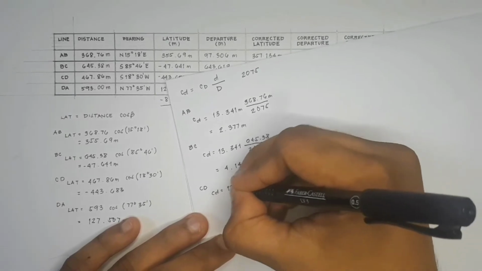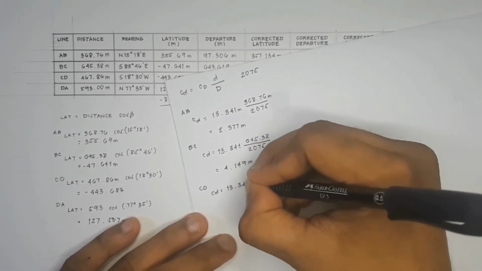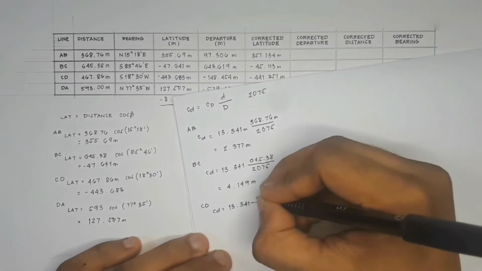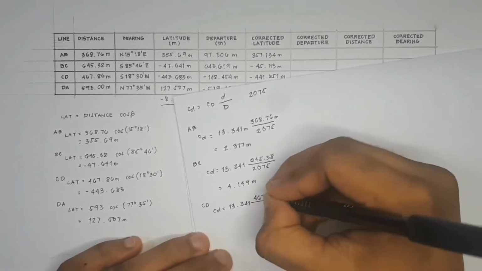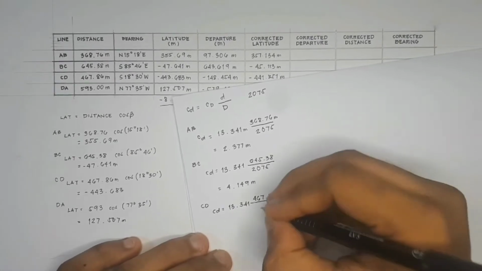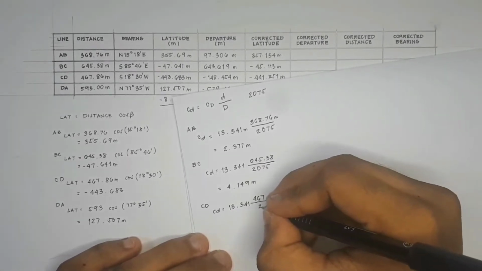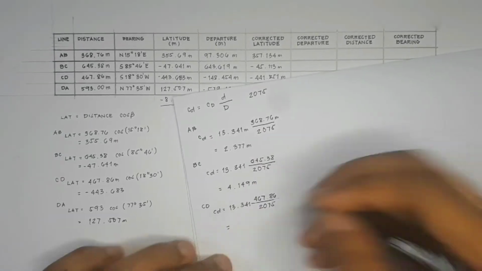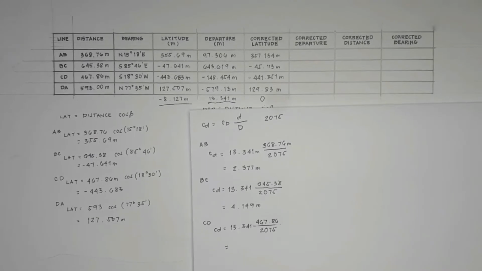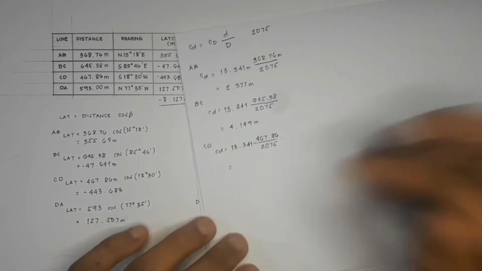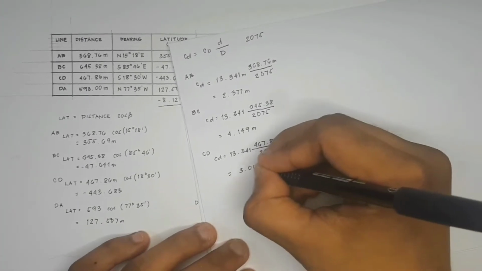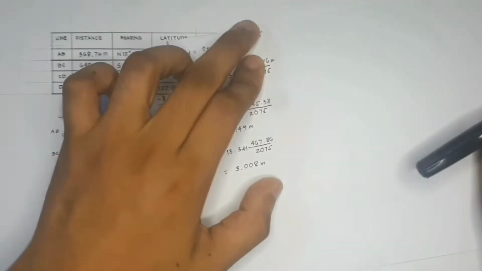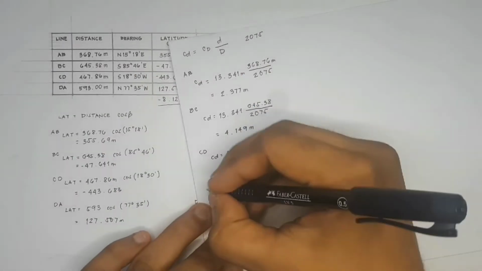So we have 13.341 times the distance of line CD, 467.86, divided by the total distance, and this will give us 3.008 meters.